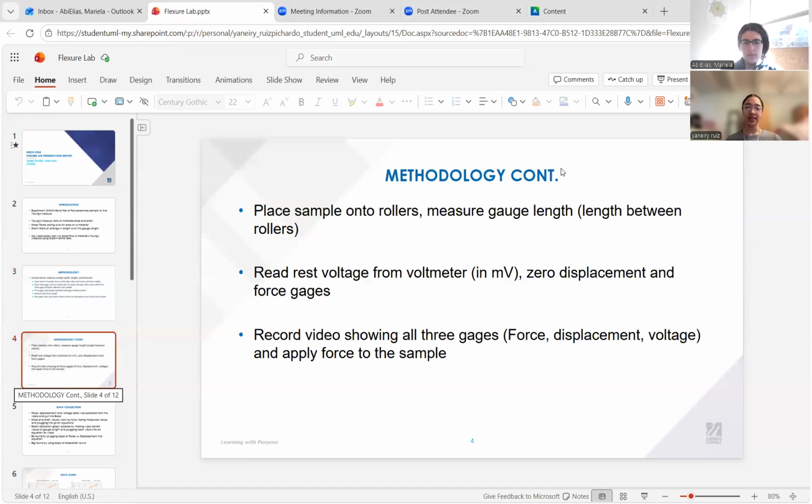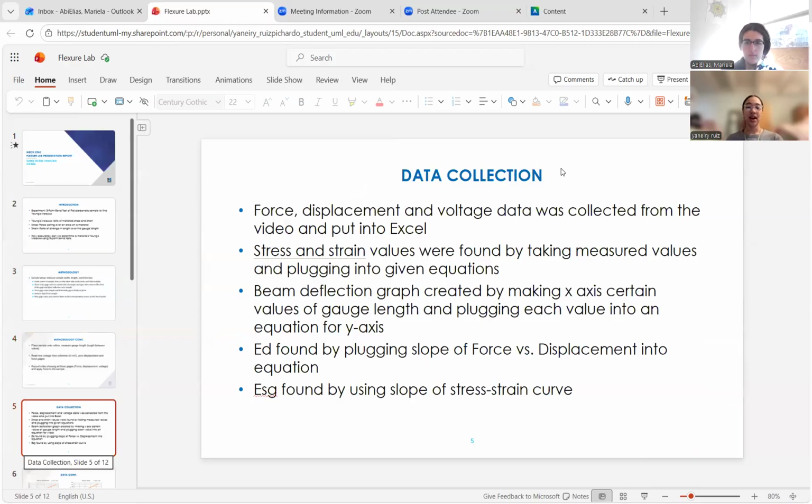We had zero displacement and force gauges. We recorded a video showing all three gauges, force, displacement, and voltage, and then applied force to the sample. We collected the force, displacement, and voltage data in the video and then put it into Excel.